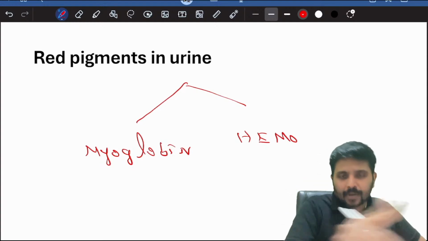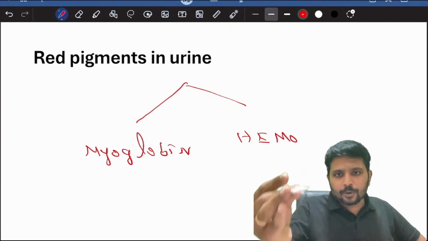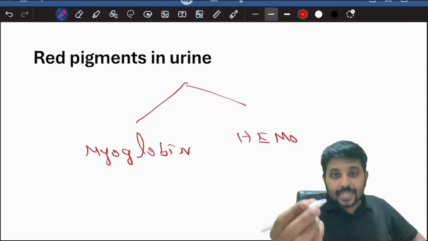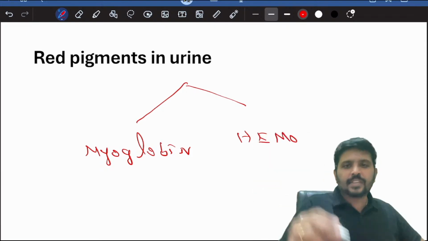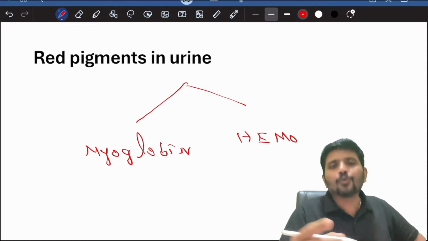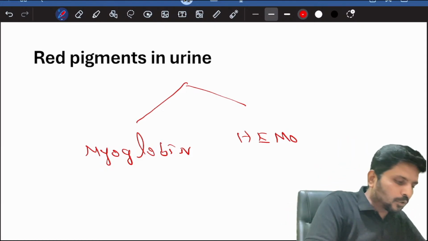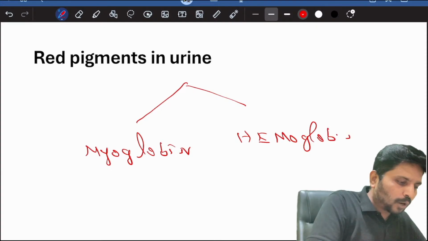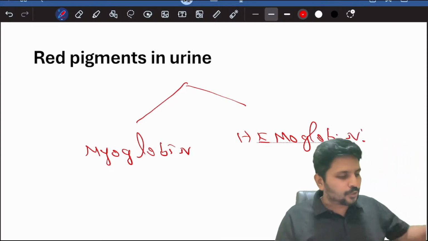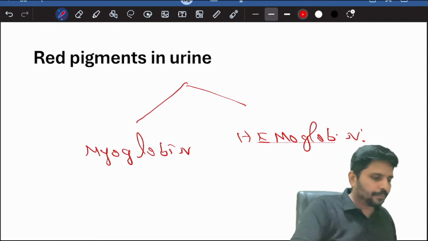When RBCs are broken down, when hemolysis occurs, hemoglobin will be released. Presence of RBC in urine is different. Presence of hemoglobin in urine is different. How to differentiate between these two things? Let me clear. Wait. So myoglobin and hemoglobin are the red pigments in urine. Right.